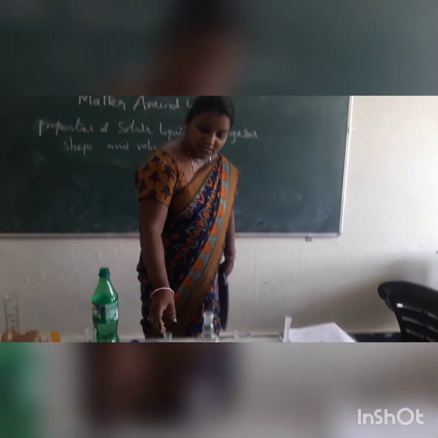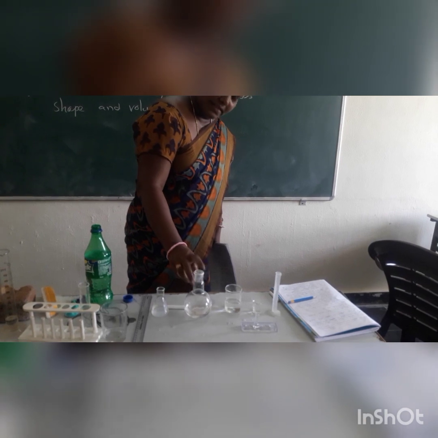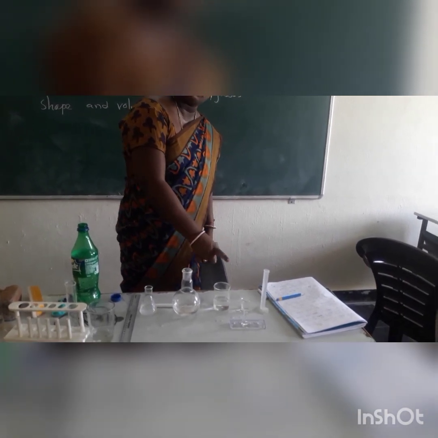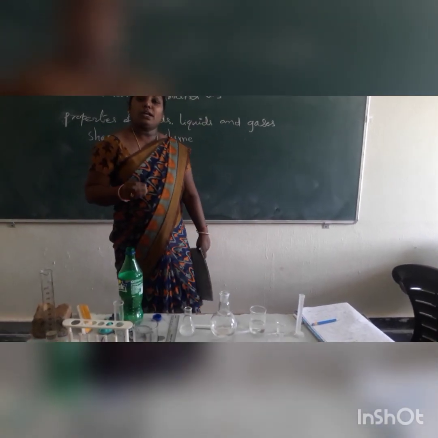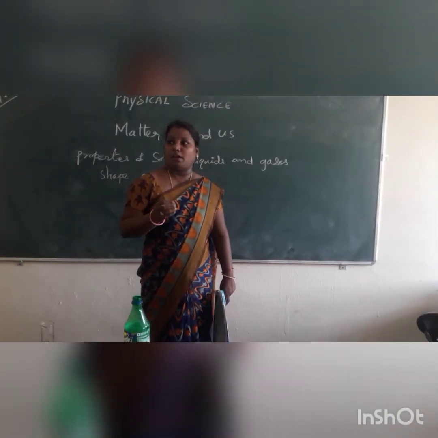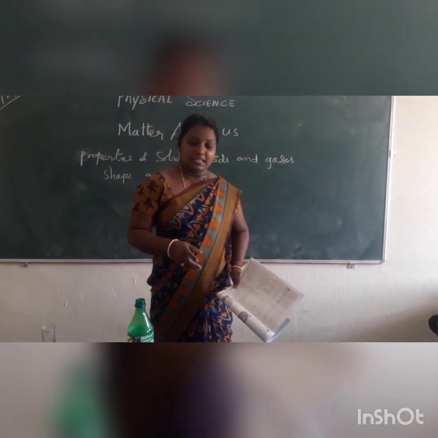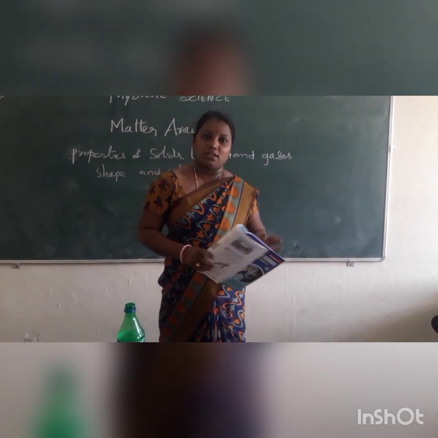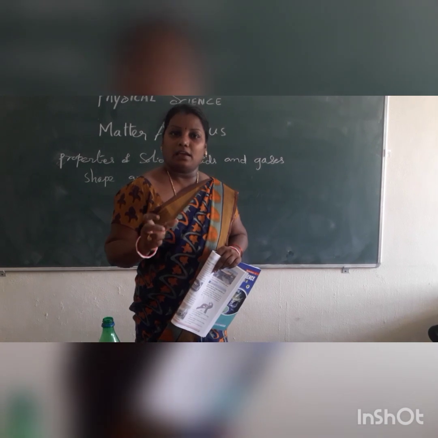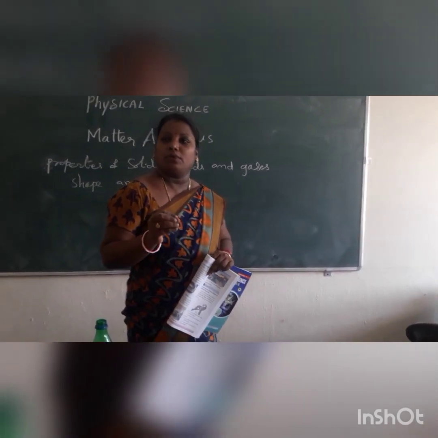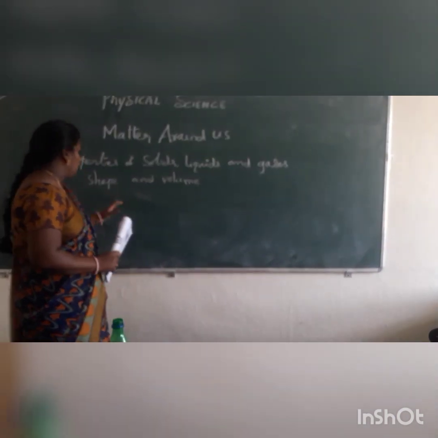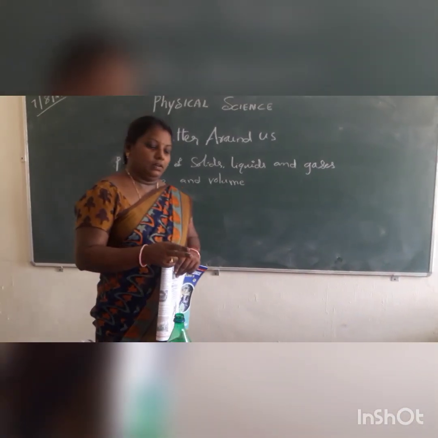So we can say that liquid has no particular shape, but it has a fixed volume. I poured 10 ml of water in all the containers. So liquids have a definite volume but not a fixed shape.